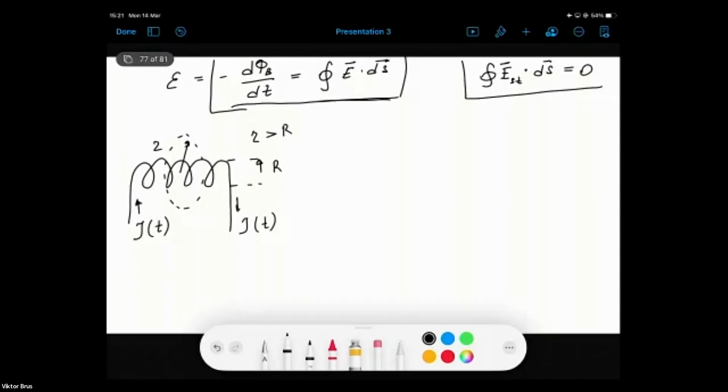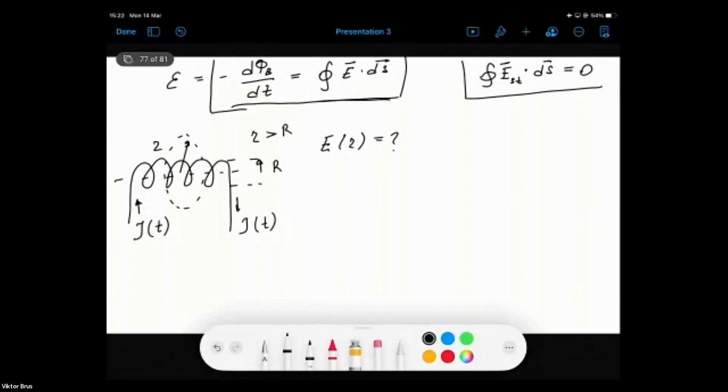So our goal is to get a function which will describe the induced electric field as a function of position, like radius as a function of position from the axis of this solenoid. That is what we want to derive.